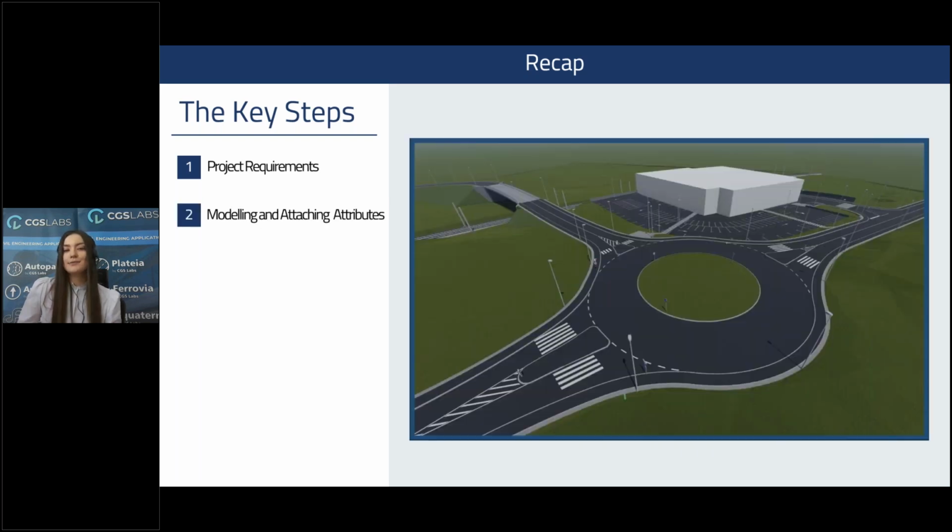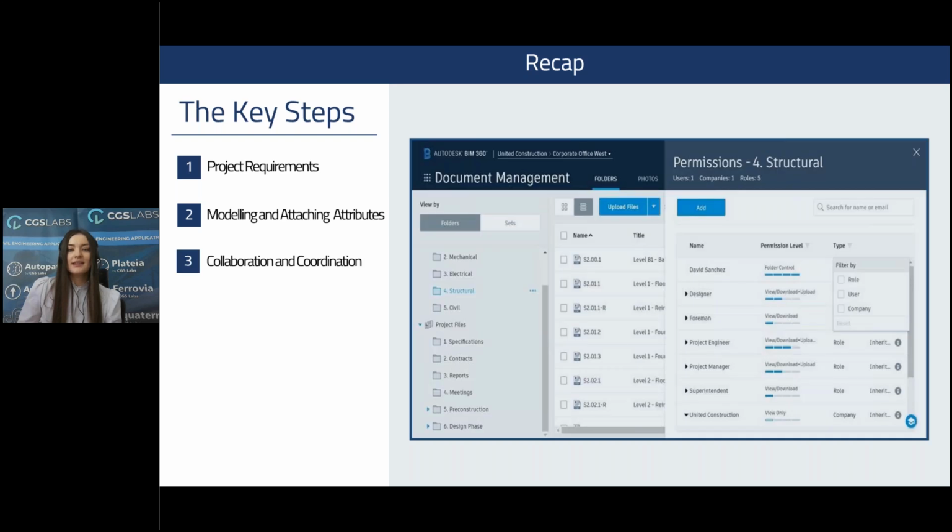Then we looked at creating BIM using CGS Lab software solutions. Another important step in the BIM process is coordination and cooperation, where we also learned about the concept of common data environment, which allows all stakeholders to access the latest project drawings and specifications from anywhere, anytime.